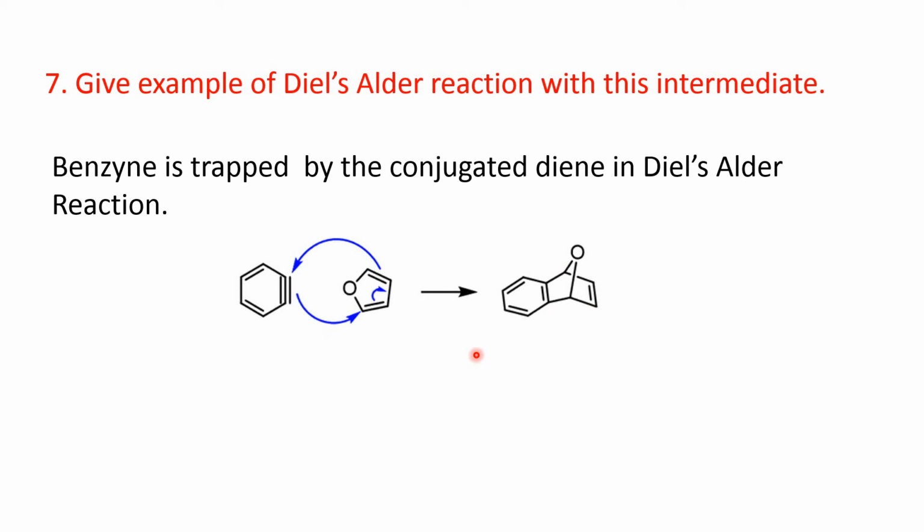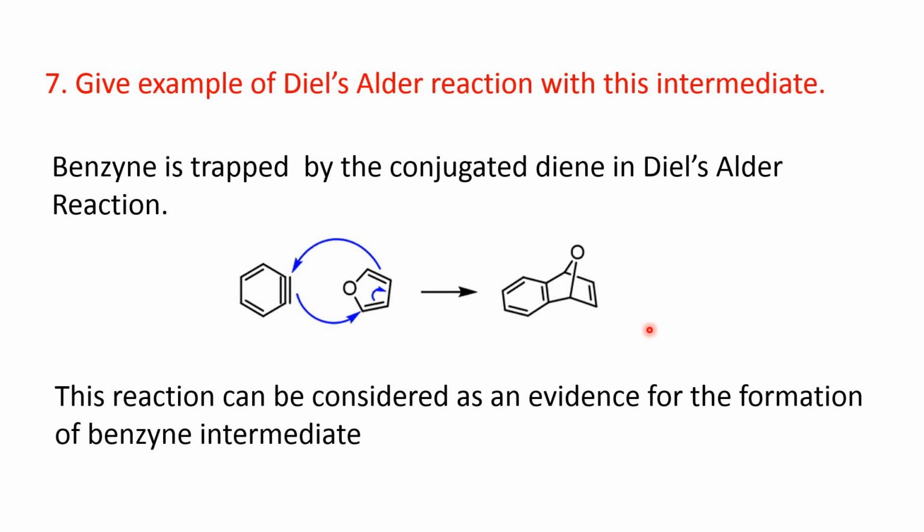So this will be the structure, and this carbon joins with this carbon, and this carbon and this carbon are both attached with this oxygen. That means this is the product. So, this reaction can be considered as evidence for the formation of the benzyne intermediate. So, this is all about today's discussion. Thank you.